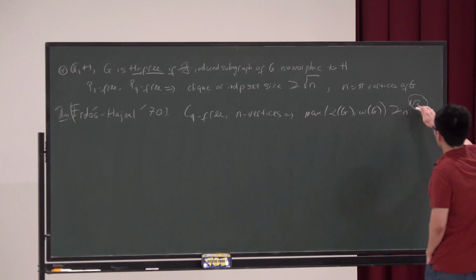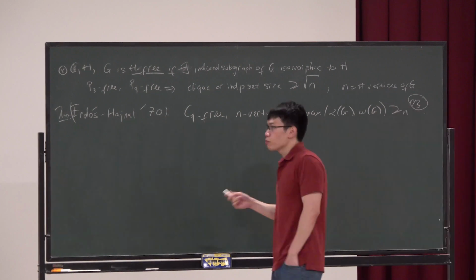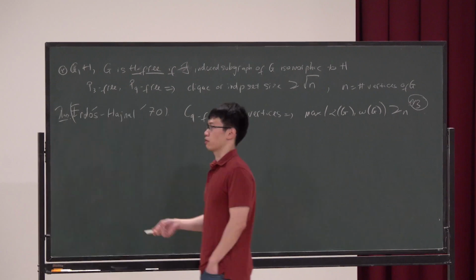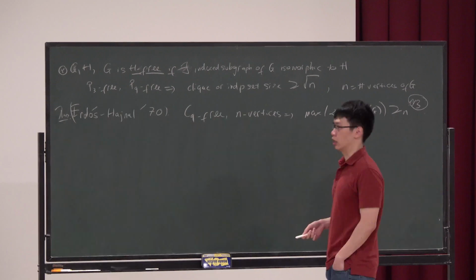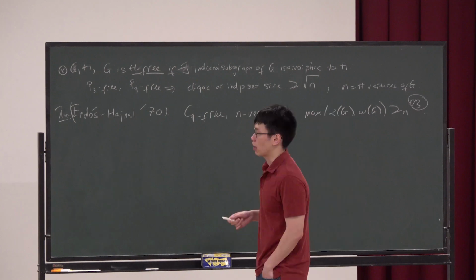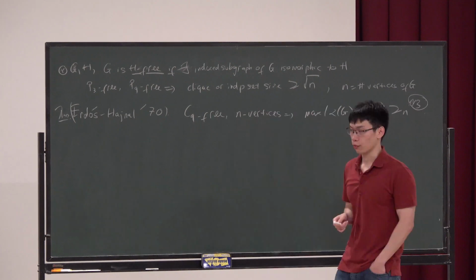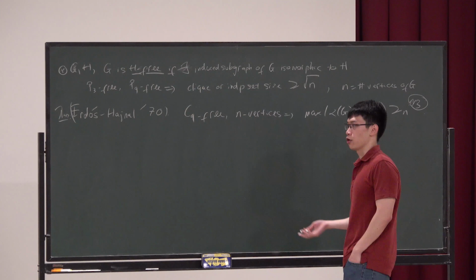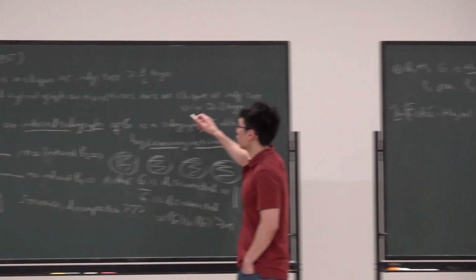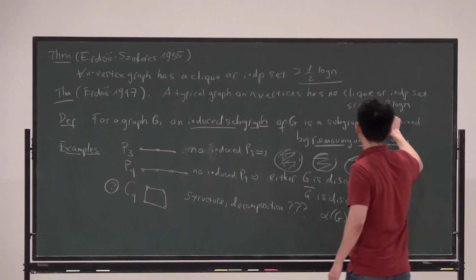Now, going back again to the business of alpha and omega, and how the growth rate of the size of alpha or omega changes with respect to n when you have some local condition. As you can see, initially for general graphs, these are all logarithmic in n.